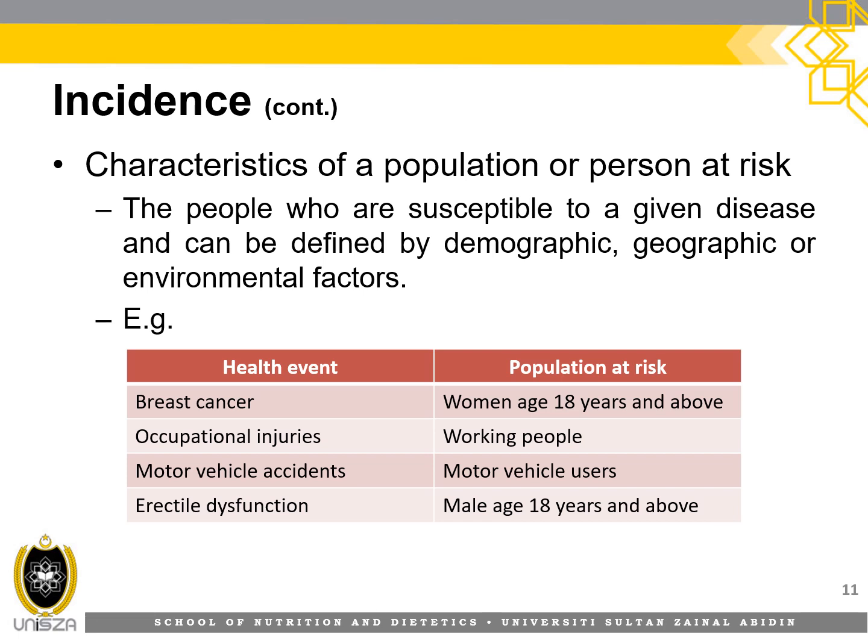For occupational injuries, the population at risk would be all working people. There are a few other examples in these slides, which include motor vehicle accidents and erectile dysfunction.